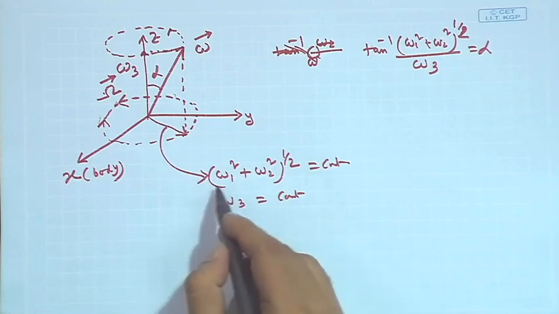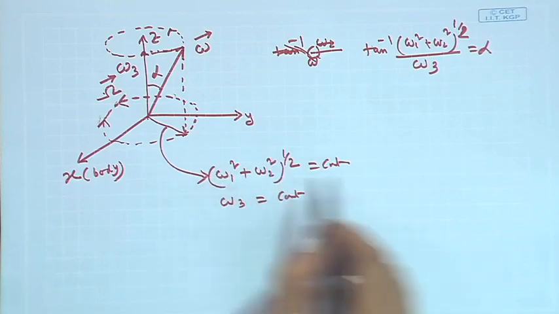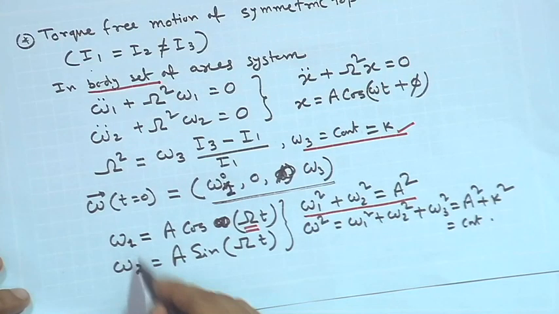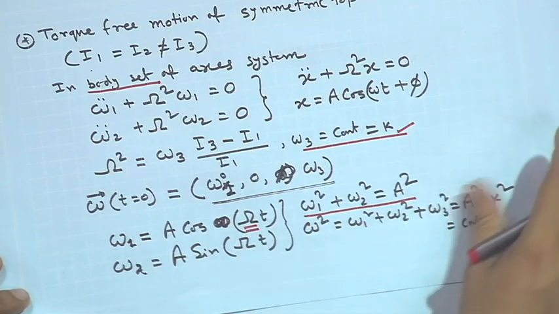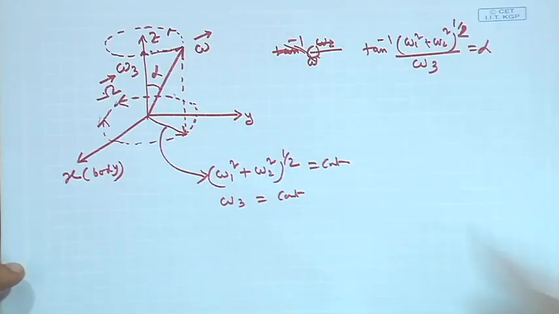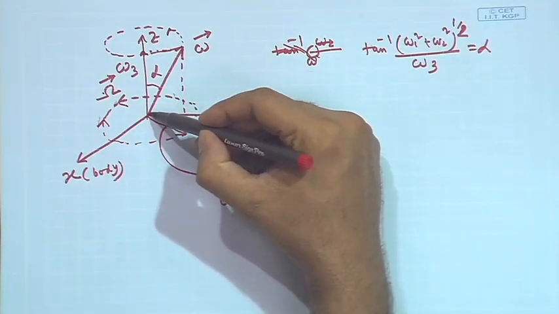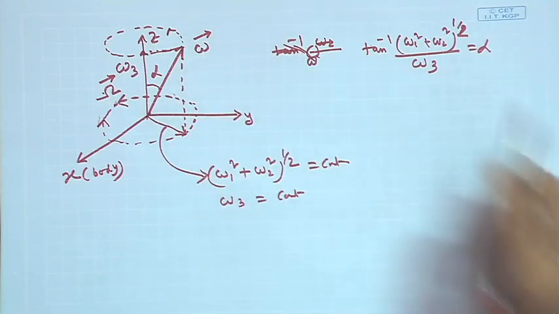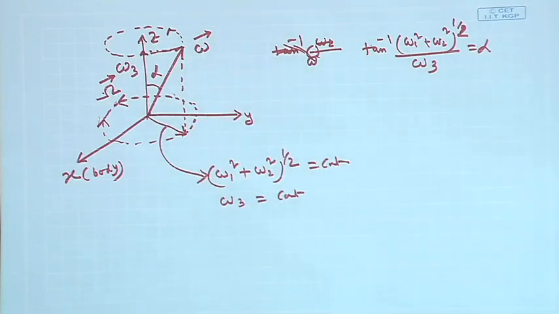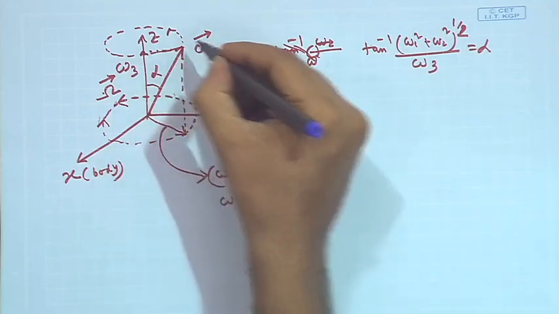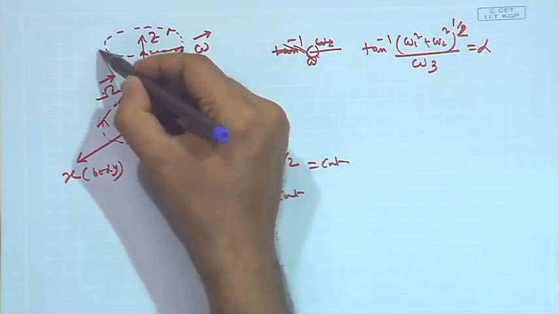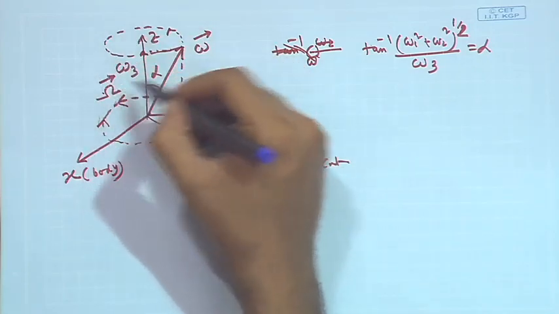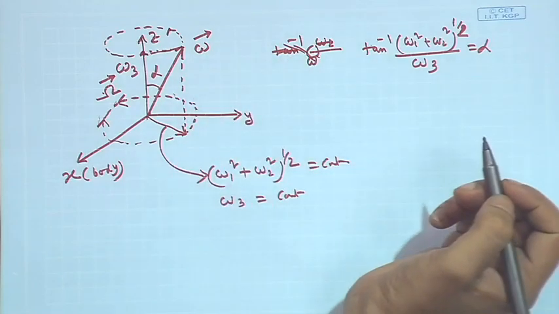We have seen that omega 1 and omega 2 both are rotating with the same angular velocity. All this leads you to the picture that the actual angular velocity vector is rotating around the body z axis with an angular velocity of capital omega, right.